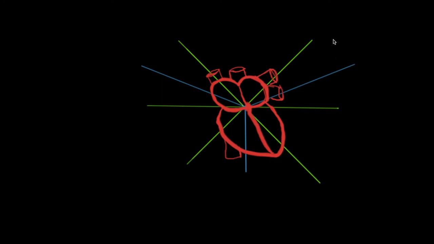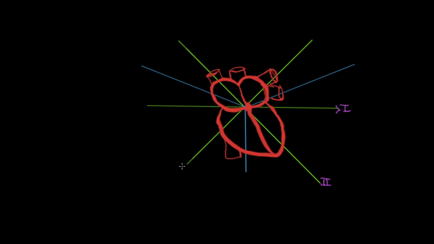So if we were to label these again, I always like to start out at this straight line here as lead 1. Anything heading this direction would be positive if we were looking at lead 1. The next one I usually like to do is lead 2, because we know that lead 2 is the one we like to look at, and that should be running from the SA node straight through to the ventricles.